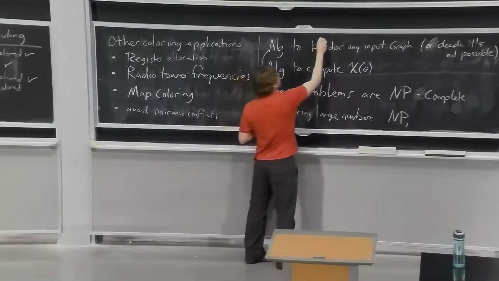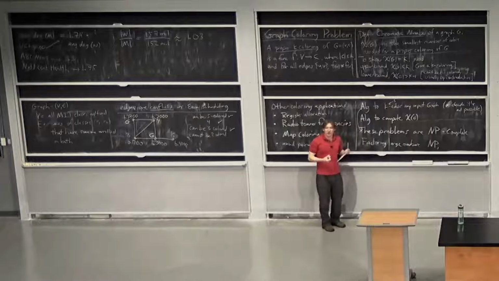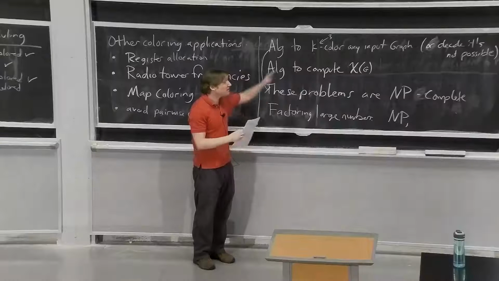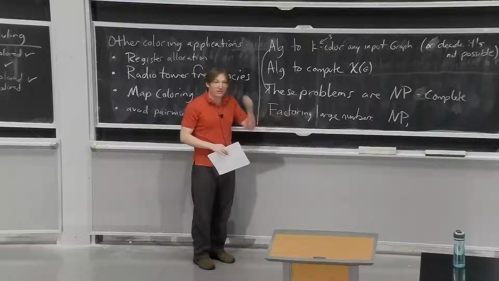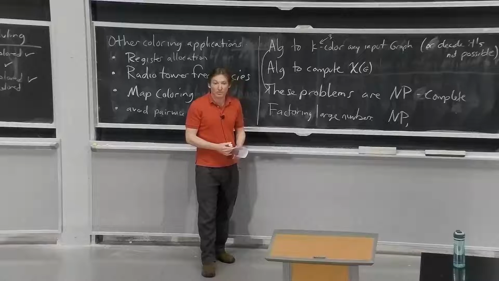Also, by the way, even if we're just asking for 3 colors, does this graph have a coloring with just 3 colors? That's already NP-complete. That's already too hard, and we don't believe there's going to be an efficient algorithm for it.